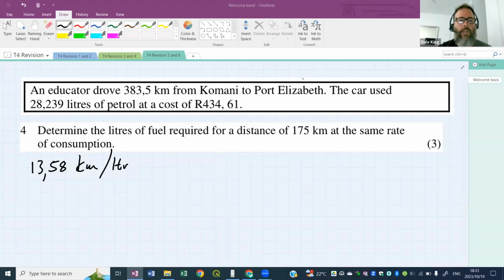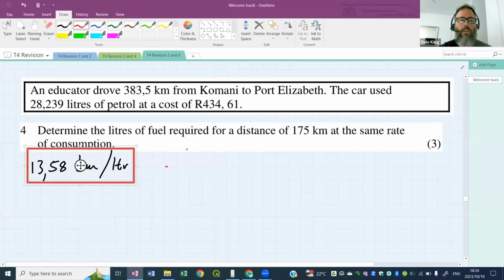Answers are coming through already. Determine the liters of fuel required for a distance of 175 kilometers. Now this, you could try and work it out from the contextual information, but we do have this answer that we calculated previously. We can also use that.